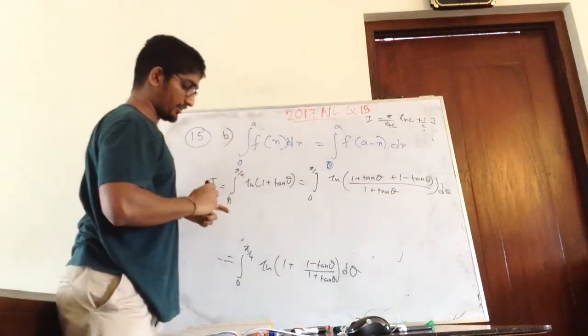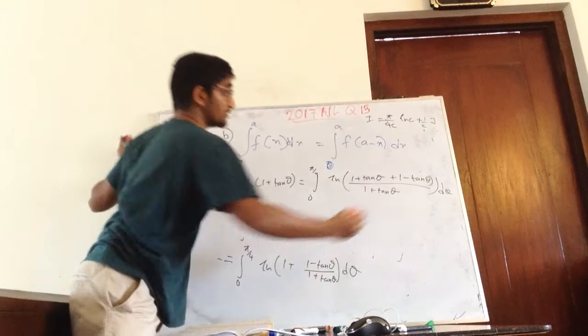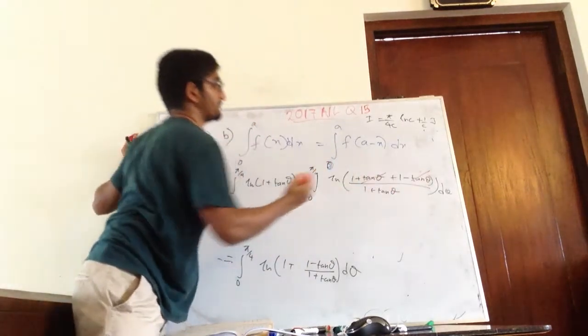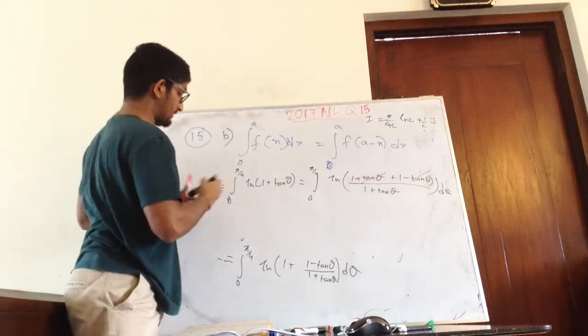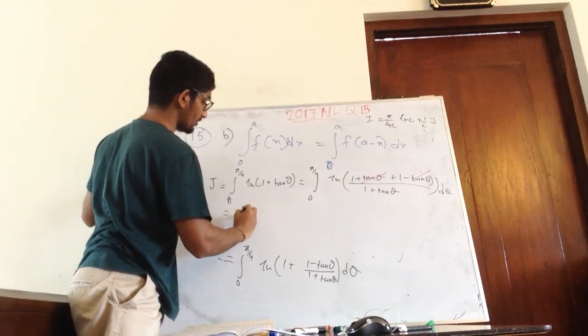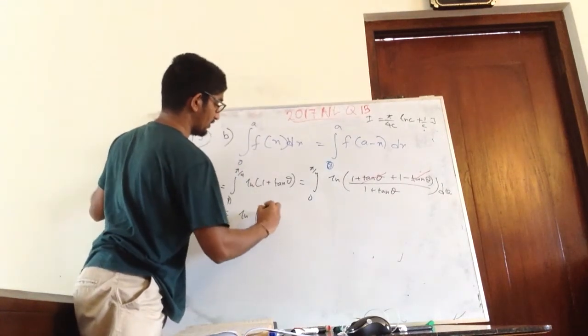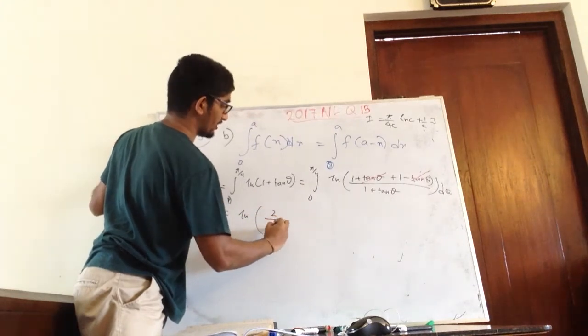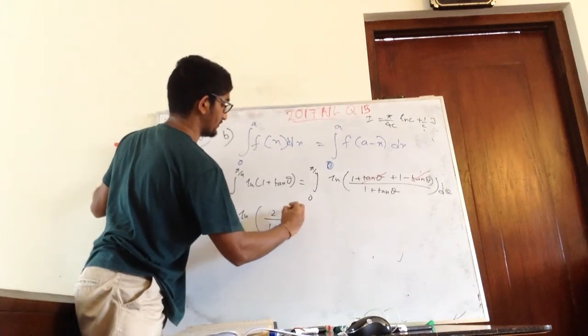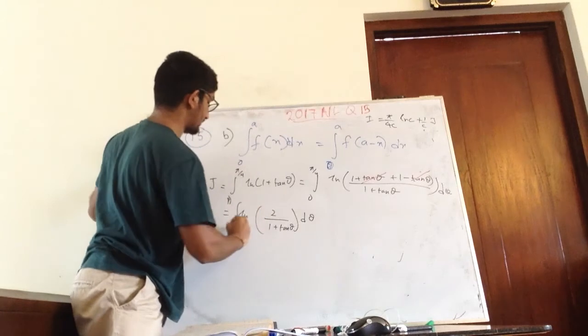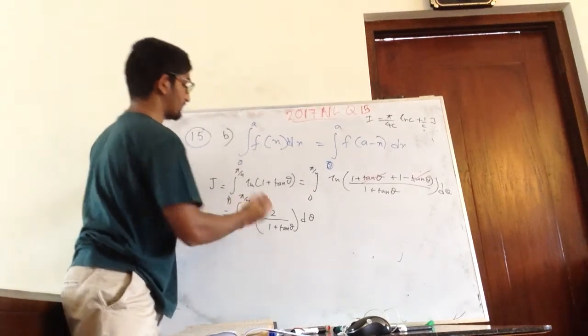Right, so I can cut these off. So then I will get ln 2 over 1 plus tan theta d theta 0 to phi over 4.